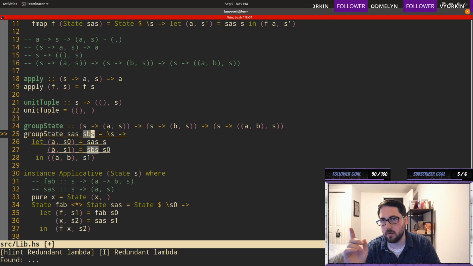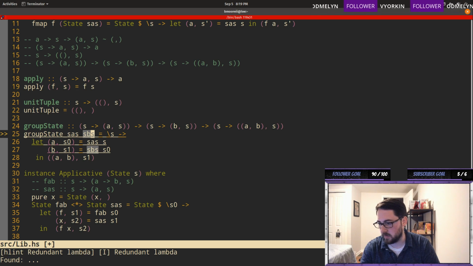Wouldn't... Okay, so yeah, I guess that's right. So for a particular instance, you could choose based on the state, but it has to be consistent each time, right? Like you can't say one time I'm going to take it this way and another time I'm going to take it another way, right? Wouldn't that be unlawful for applicative? I'm not sure what law it would break.